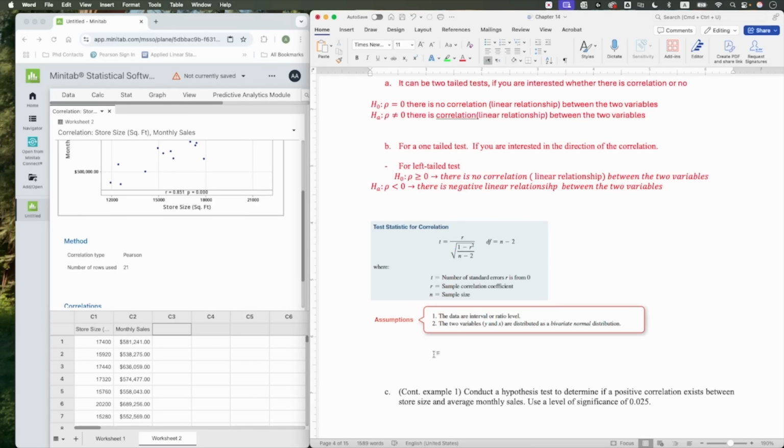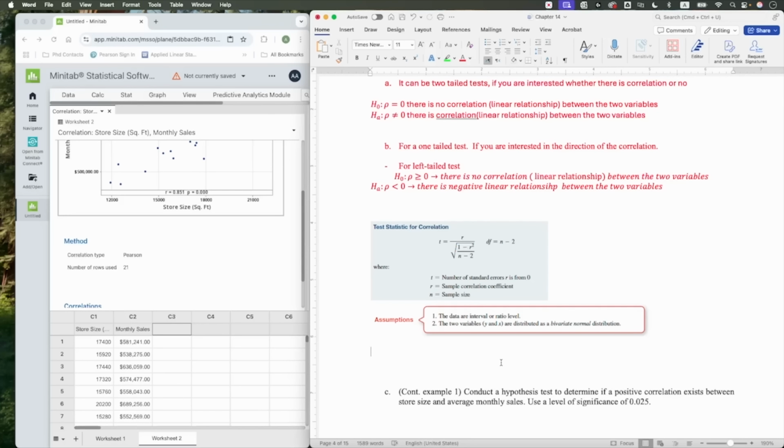And so we have two assumptions here. The data has to be interval or ratio, numeric, okay? And the two variables, x and y, have to be bivariate normal distribution. The t-test assumes this condition already. But again, the t-test is a robust test. We still can use it, and it gives good conclusions.